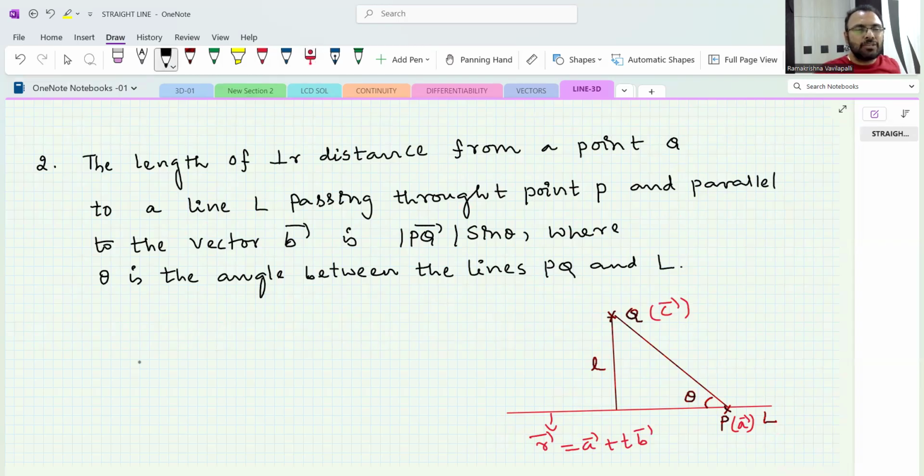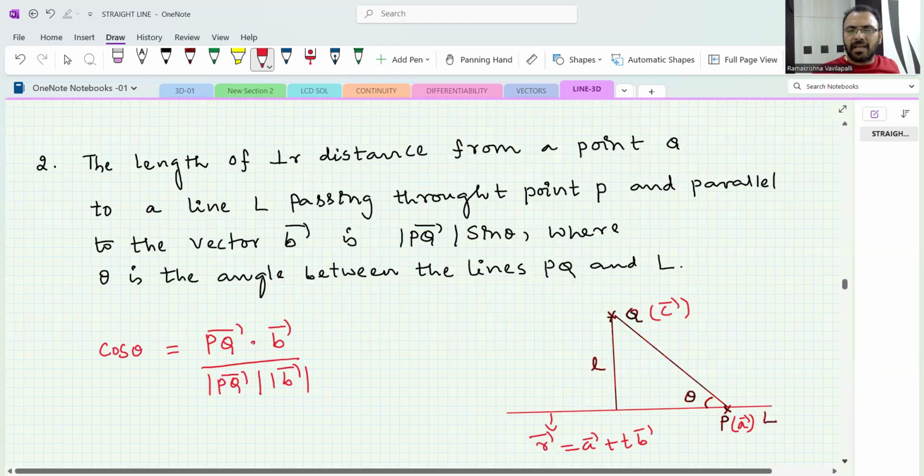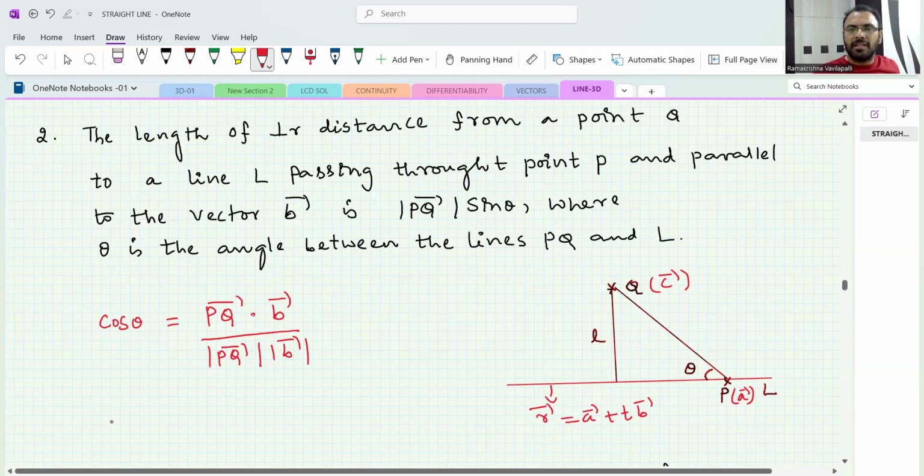So it is easy to find that cos theta is equal to PQ bar dot B bar vector, because the line is parallel to B bar vector, whole by modulus of PQ bar vector into modulus of B bar vector. Once you have cos theta, what is sin theta from the diagram?